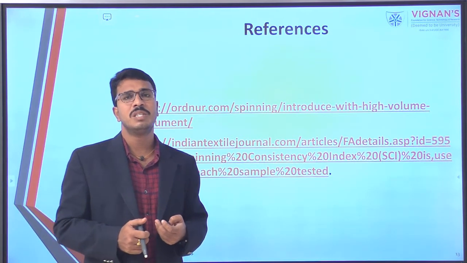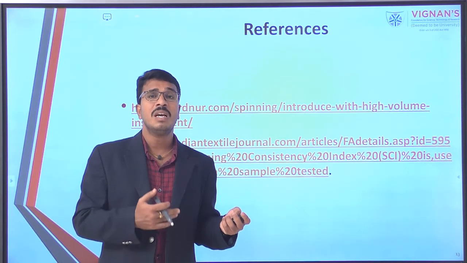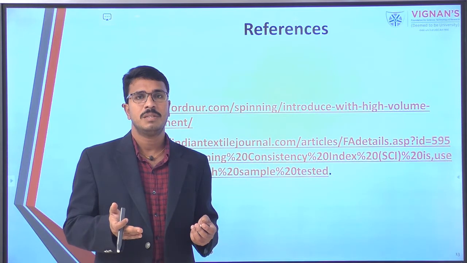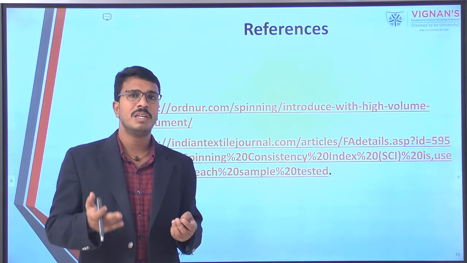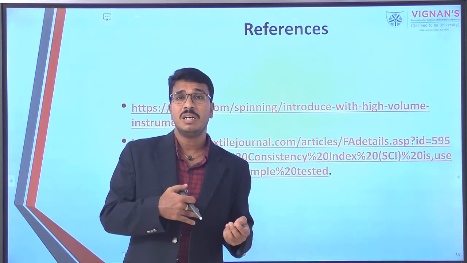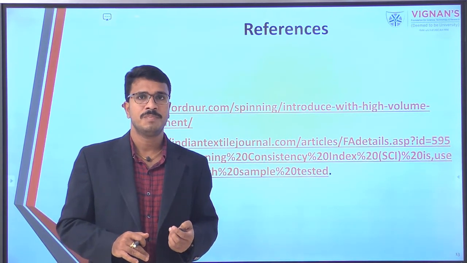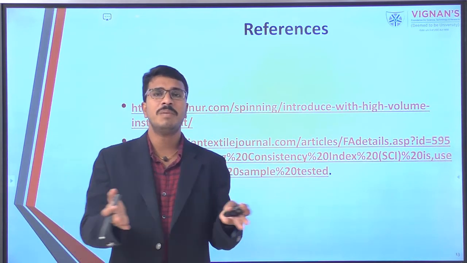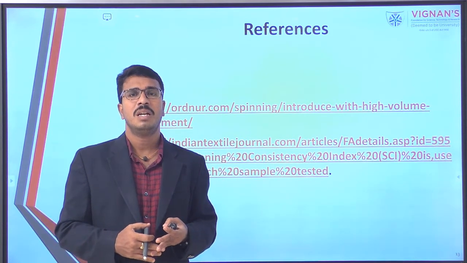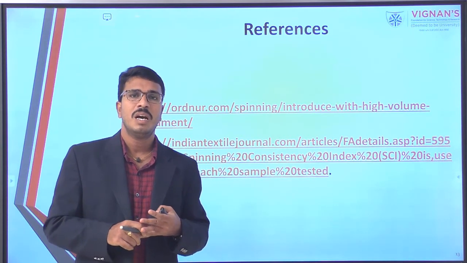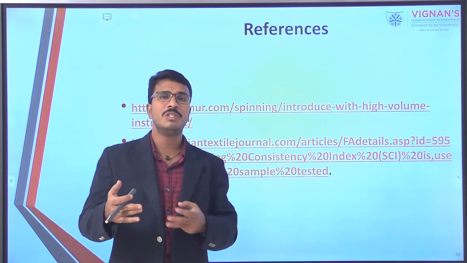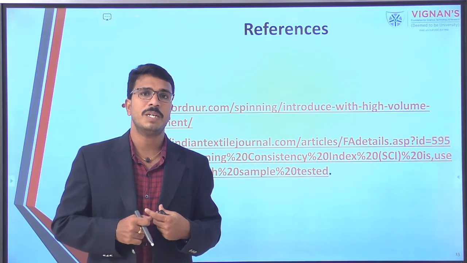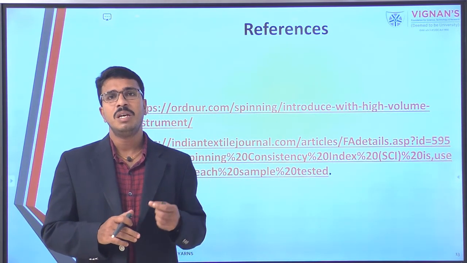Most spinning industries have these high volume instruments to continuously know the fiber properties, like length, strength, fineness, micronaire, and color. The main advantage is that, since it is automated, all the fiber related parameters can be measured at one instant, on a single machine, and because of its automation, manual intervention is reduced or minimized, so that we get more precise values about the fiber properties. Understand?